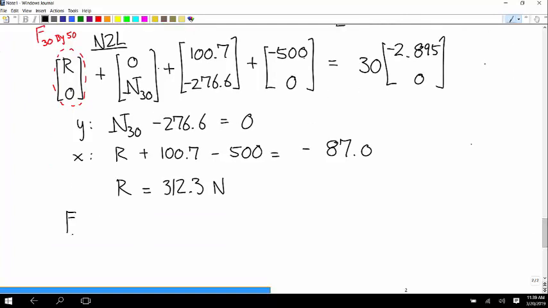And you get that the force on the 30 by the 50 is equal to 312.3, 0.